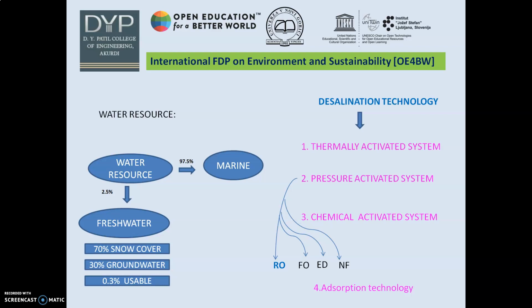It includes several methods like reverse osmosis, forward osmosis, electrodialysis and nanofiltration. Chemical activated system includes ion exchange, desalination, liquid extraction, gas hydrate. Another technology is adsorption technology, where silica is used to adsorb water.